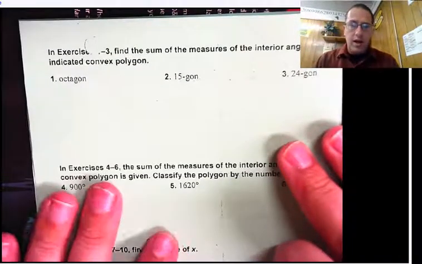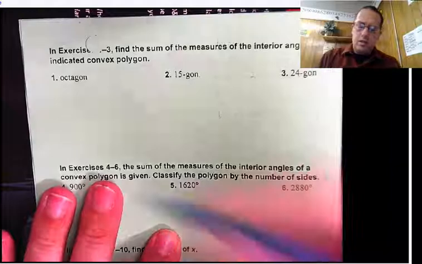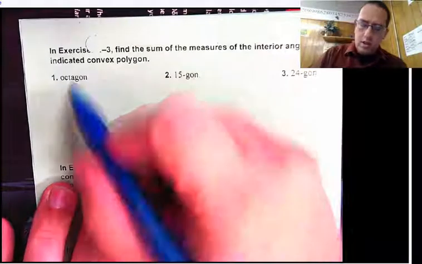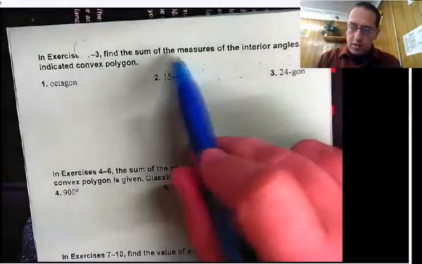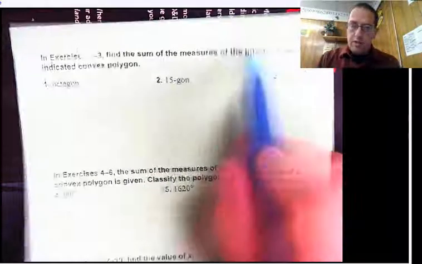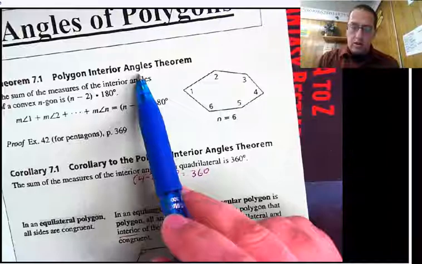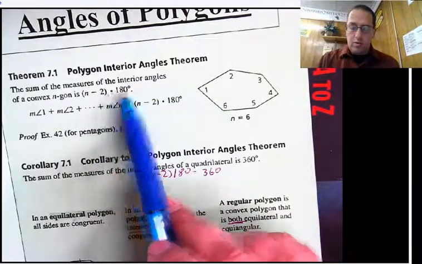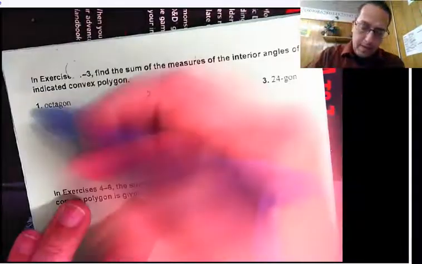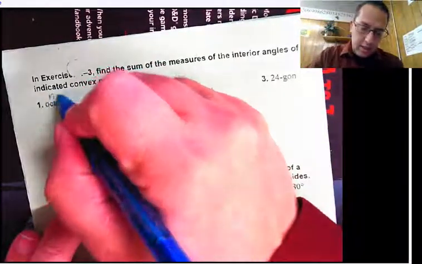So let's see here. An octagon. How many sides does an octagon have? Let's see. That would be 8 sides. So what we're going to do, we'll take our formula, and this is looking for the sum of the interior angles. So interior angles theorem, the sum is going to be n minus 2 times 180 degrees. So in this case, n equals 8 because it's an octagon.